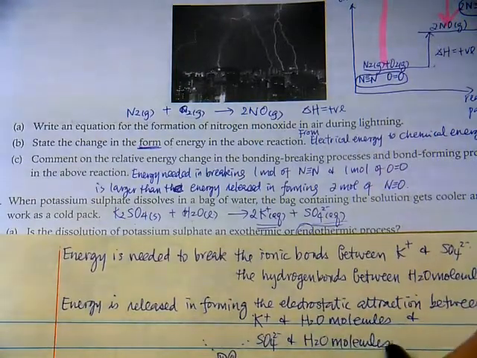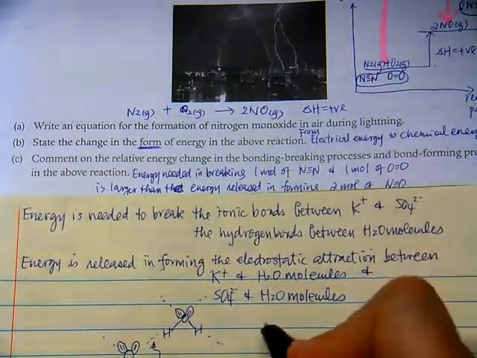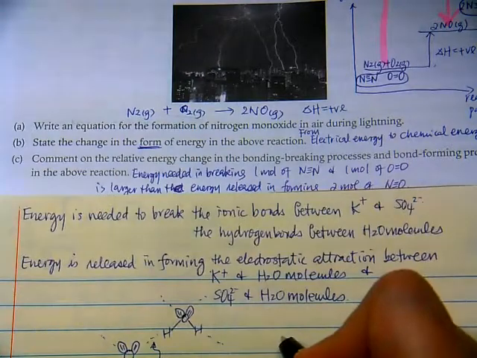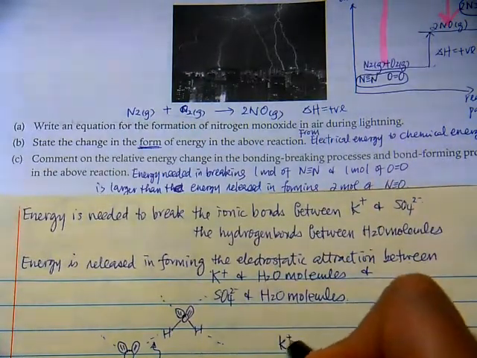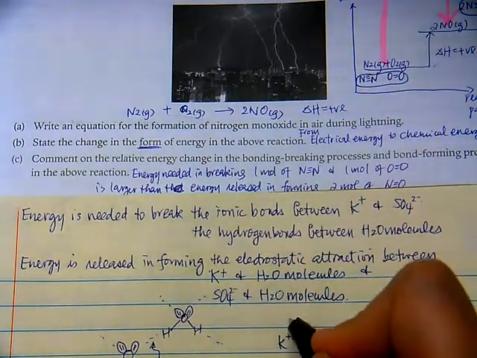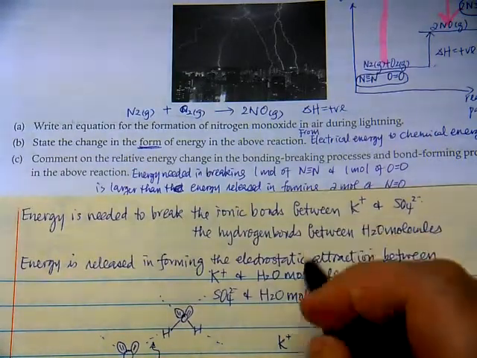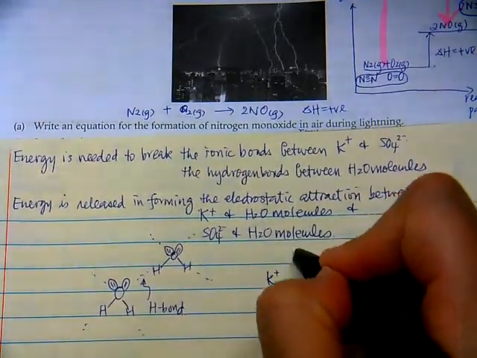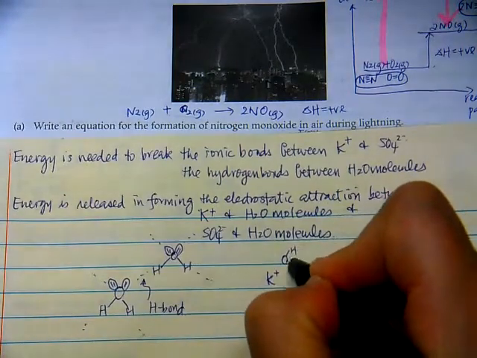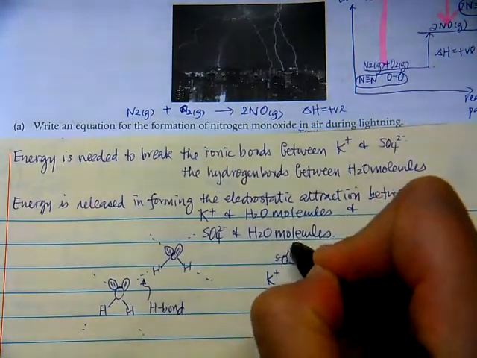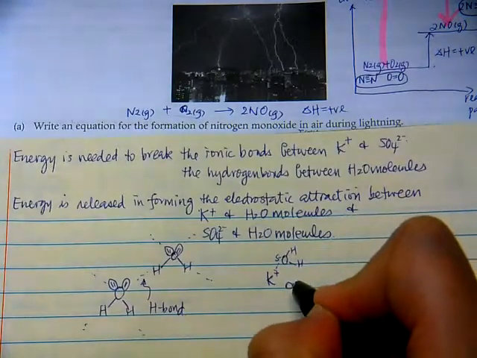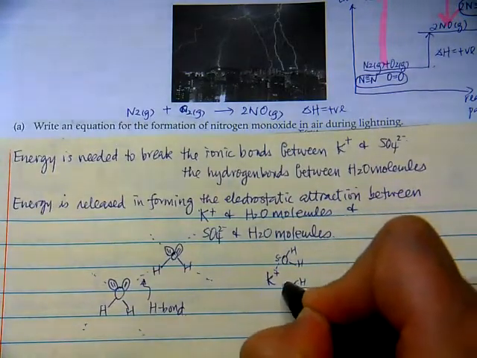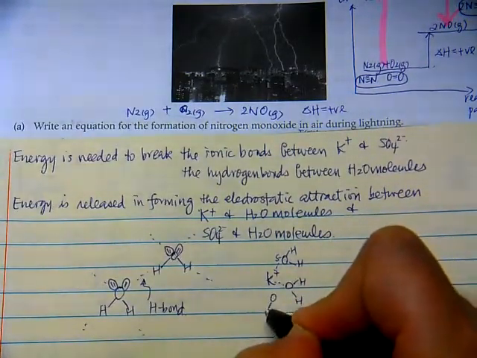Now what does this sentence mean? After the dissolution, the mobile potassium ion is actually surrounded by a lot of water molecules. The water molecule O has a negative charge, and the surrounding is actually electrostatic attraction.